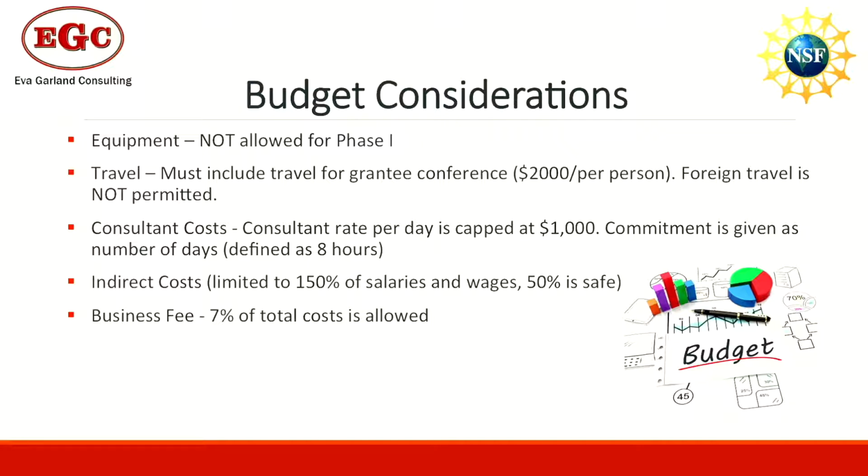If you're going to ask for more than 50% of salaries and wages, then that needs to be negotiated. So the safe rate is 50% of salaries and wages. So make a mental note that this is very different than NIH, which, remember, was 40% of my rate. NSF also has a profit fee of up to 7%.